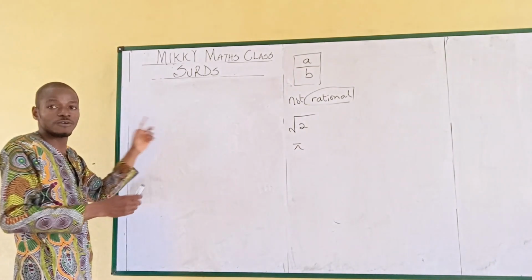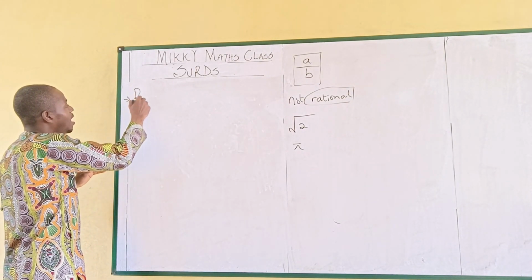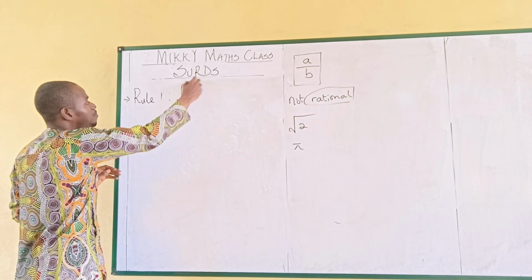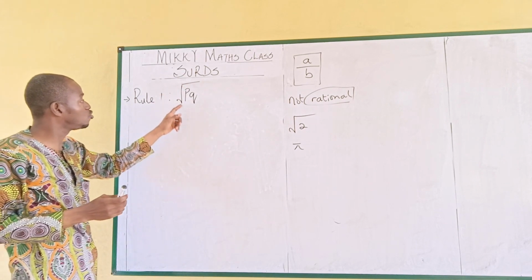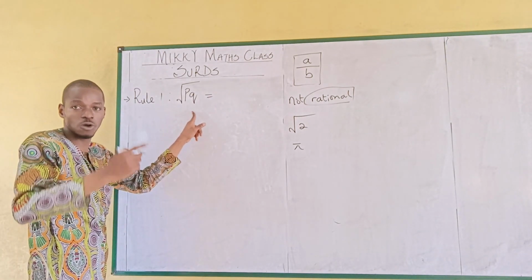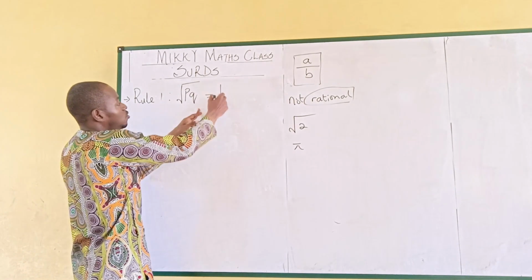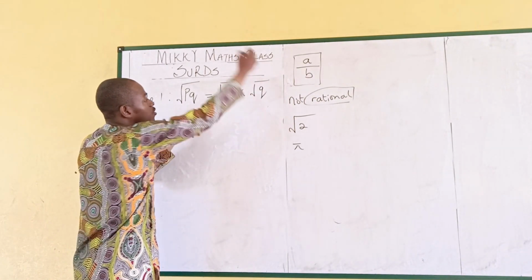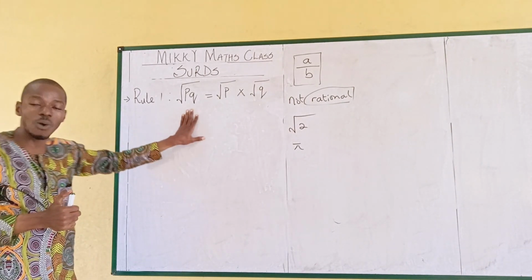Now, there are rules for solving surds. Basically, let's say rule 1. I call it the multiplication rule. If I have a surd root PQ, I can split the surd into two parts: root P times root Q. That's rule 1.